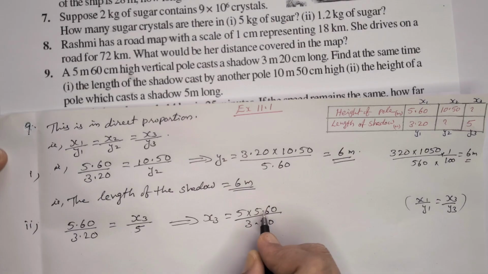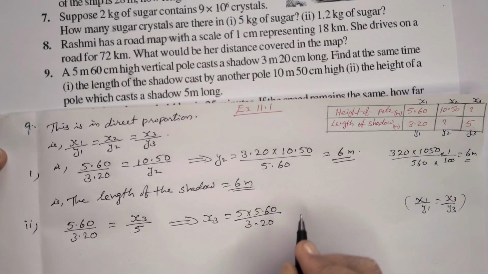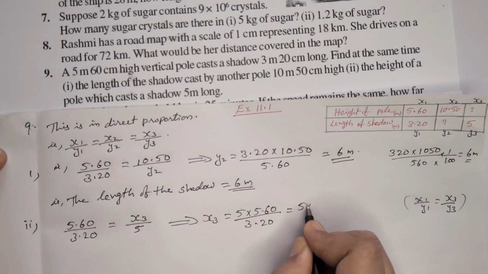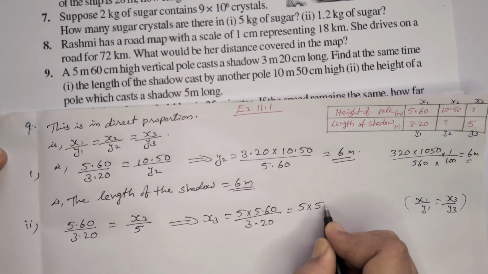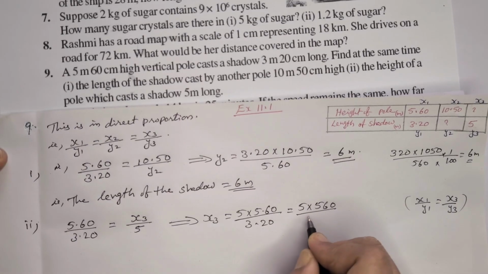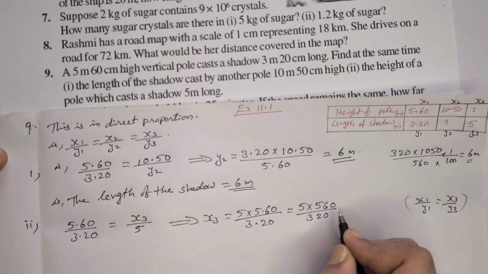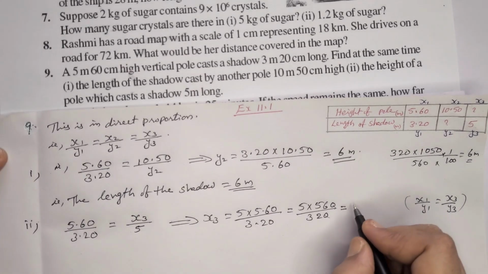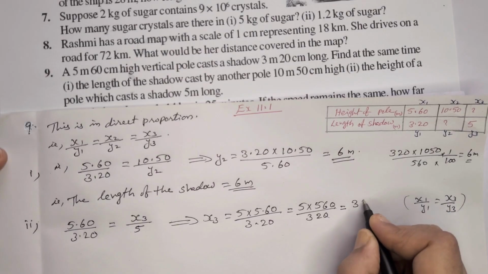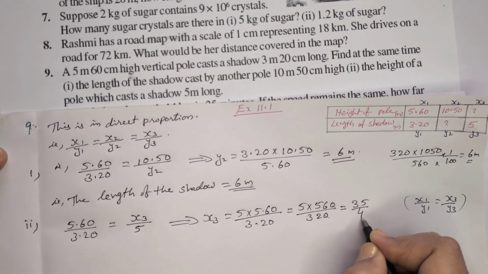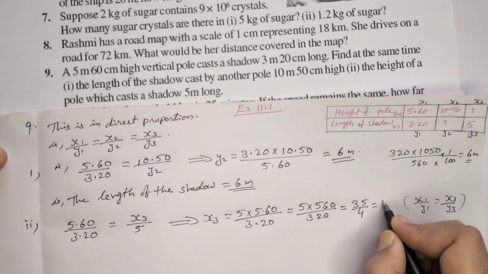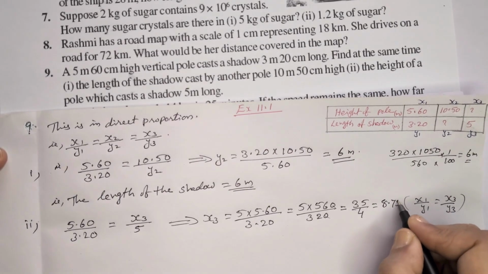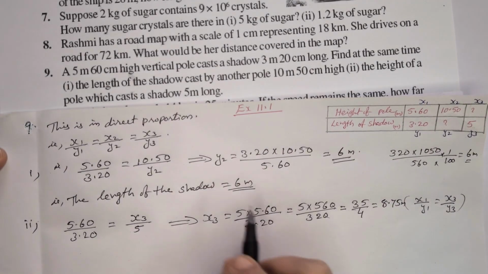With 2 decimal places in the denominator and numerator, we can multiply up and down by 100. We will get 5 into 560 divided by 320. After simplification, we are getting 35 by 4, that is equal to 8.75 meter.